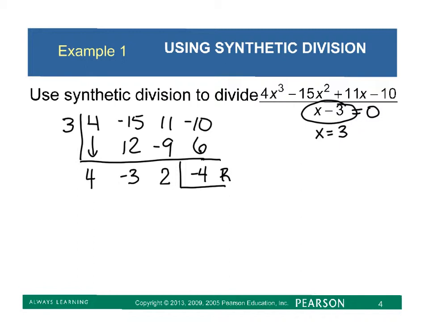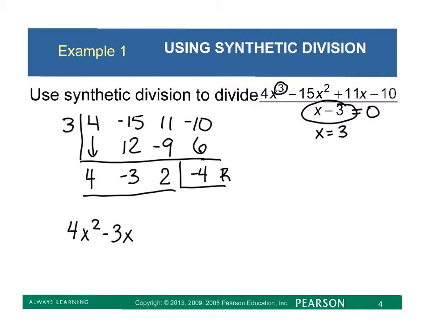Now to rewrite our polynomial after dividing it, these numbers right here are the coefficients of our new polynomial. So let's write it. We're going to get 4x squared, and it's always going to be one less degree than what you started out with. Minus 3x, and then again we go in stair-step order, like 2, then 1, none.